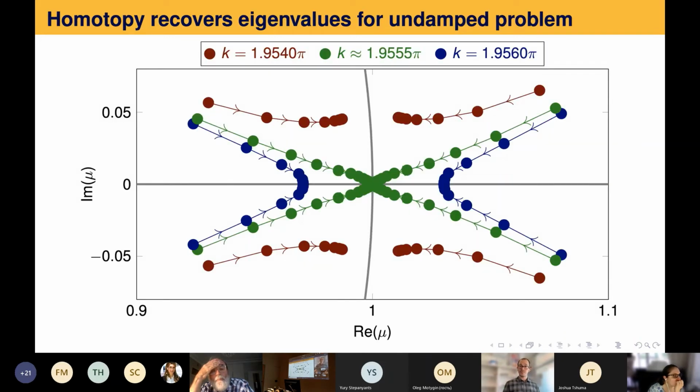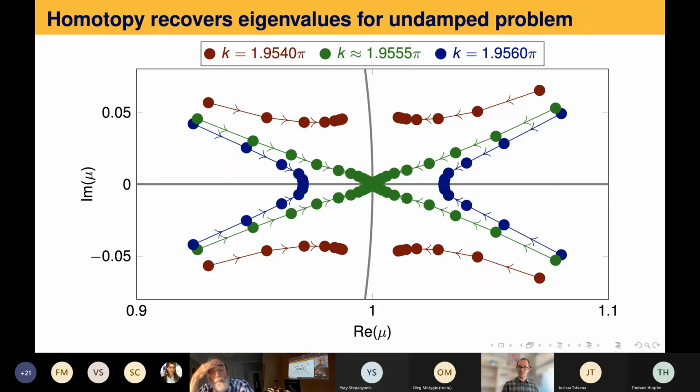So I can now track the discrete spectrum through the second cutoff by choosing values of lambda, and then I recover the undamped case by just decreasing lambda to 0 in small steps and tracking the discrete spectrum. I'm trying on this slide to illustrate that process and the method, and also what you find for the discrete spectrum. The different colors are different frequencies, and the arrows are the direction of evolution towards the undamped problem.